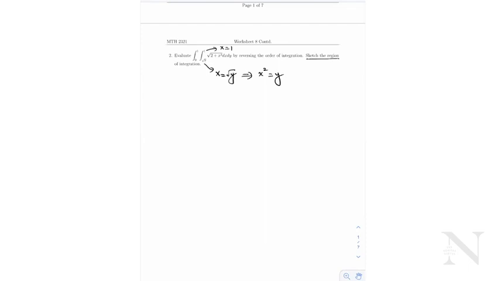It's a parabola, so x equal to square root of y is just the positive part of the parabola, like this. There is an x equal to negative square root of y on the left side. We don't care about that because we are living in the first quadrant here.